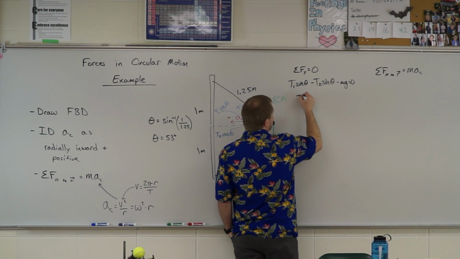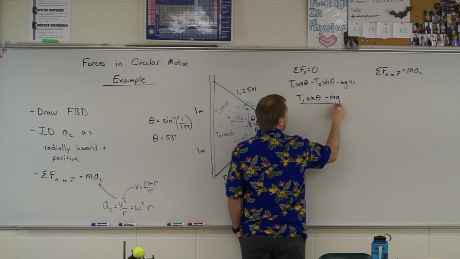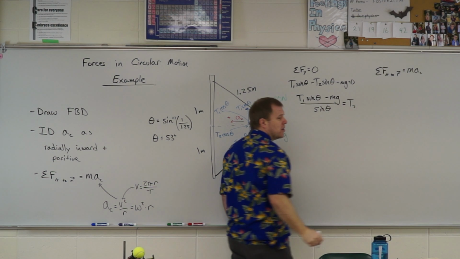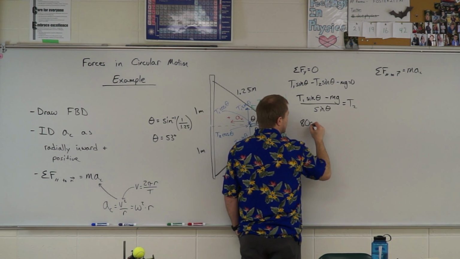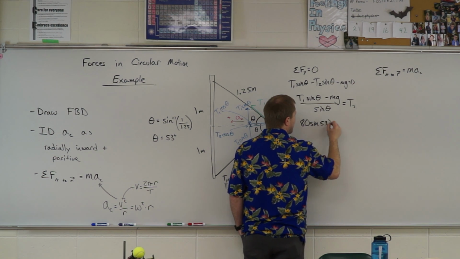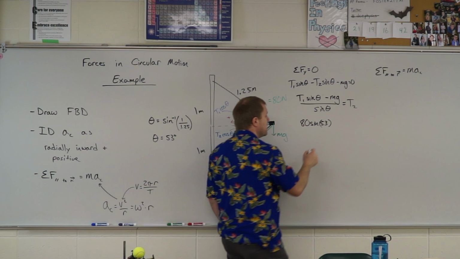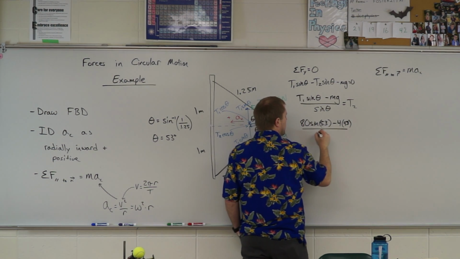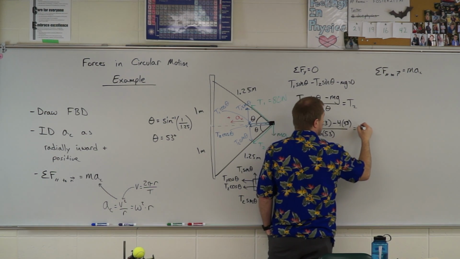Now I have T1 sine theta minus mg, all divided by the sine of theta, equals T2. Go ahead, plug in my numbers. So I have 80 times the sine of 53. Make sure you store that angle on your calculator. It's not exactly 53 degrees. Minus 4 times 9.8, they told me the mass was 4, divided by the sine of 53 equals T2.